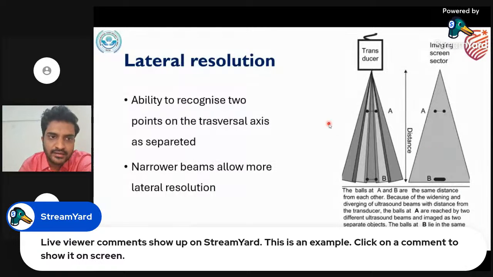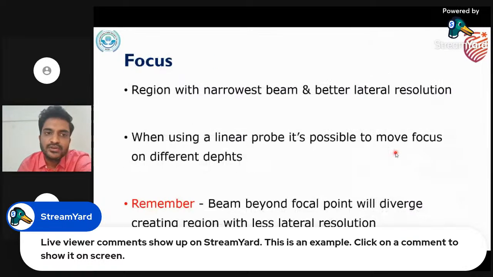Similarly, with lateral resolution, you are able to recognize two different points in the transverse axis as separate points if the beam is inside these 2 points. If these 2 points are within the beam of the ultrasound, then you will recognize them as a single point rather than two different points. This is lateral resolution. Focus is the region where you want to see an object inside an ultrasound image.